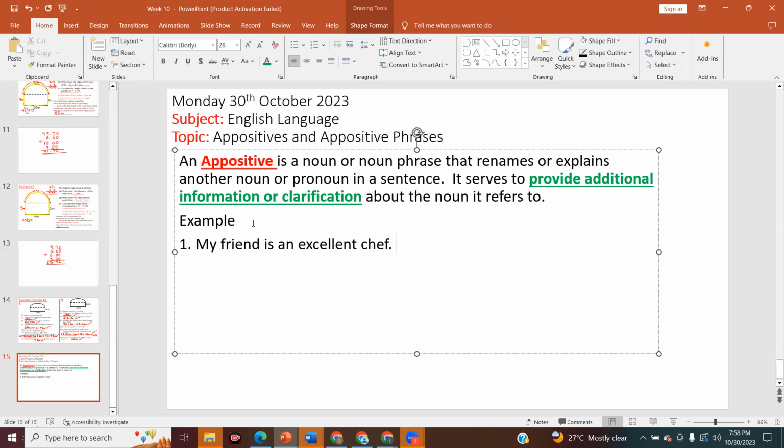Who is this sentence talking about? Friend. Good. It's talking about your friend, right? What do we know about your friend? He's an excellent chef. Okay. So if I wanted to give you more information about my friend, what would be a good thing that you would want to know about my friend that this sentence does not tell you?